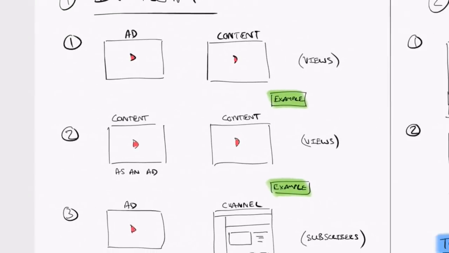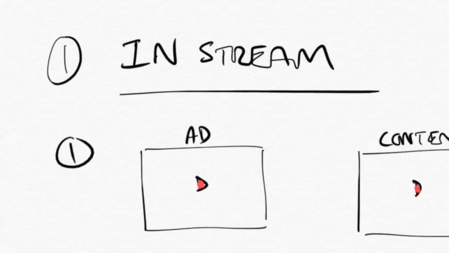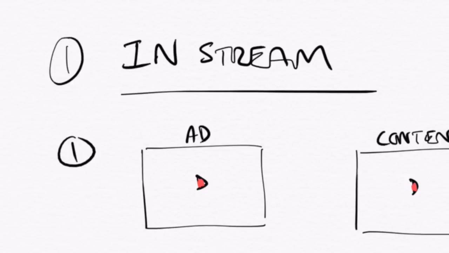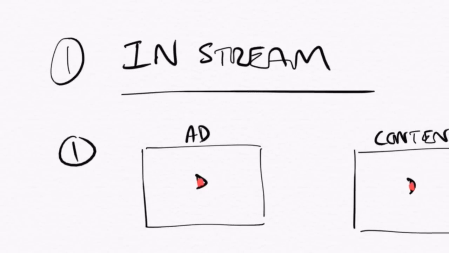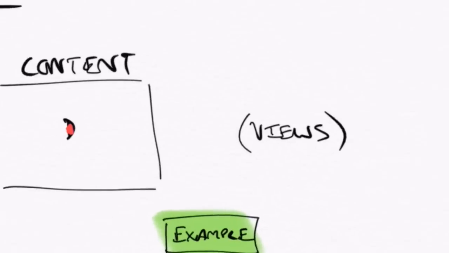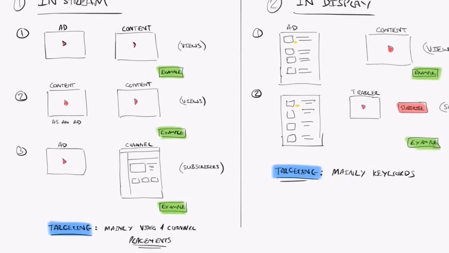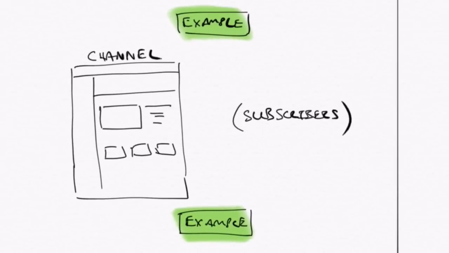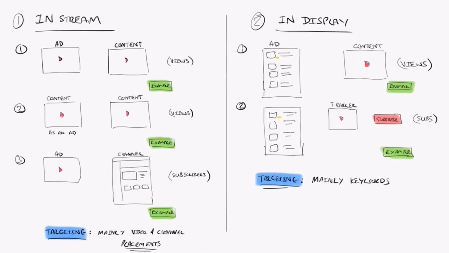For the in-stream ads, I really think there are three ways that you can help grow your channel. And I'm going to look at two main ways, really. One is with getting more views, and there's a couple of options there, and one is specifically for getting more subscribers. And just a note here on video advertising.